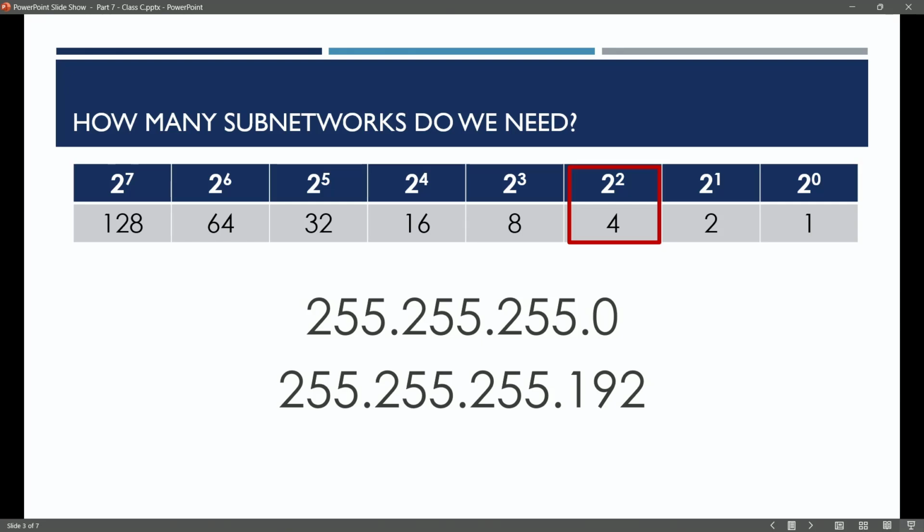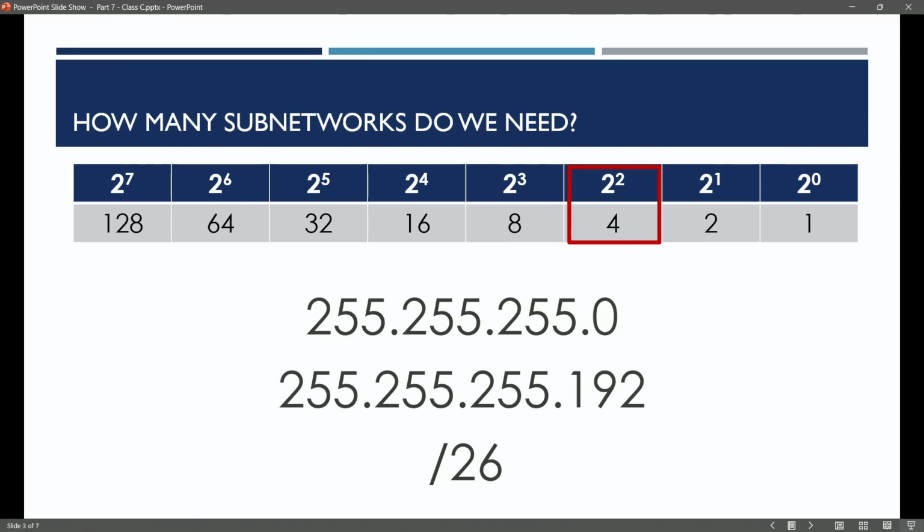So there is our new mask. Our mask will be 255.255.255.192. And this scheme will allow us to create 4 additional networks. By the way, from a prefix notation standpoint, notice we're stealing those 2 bits, and so we're going to have a /26 mask.